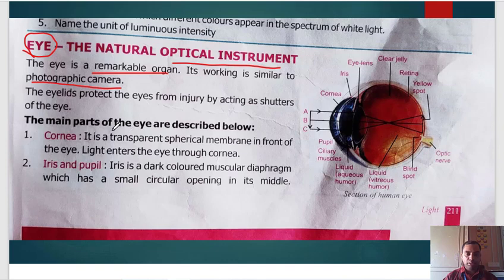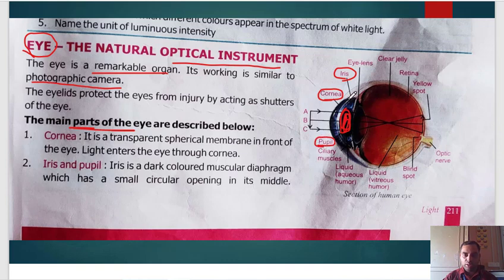The main part of the eye. What is the main part of the eye? Cornea. As you can see, this middle one is called the cornea. Then iris and pupil. This is the iris. This one in the center region is the pupil. This blackish one is the pupil.